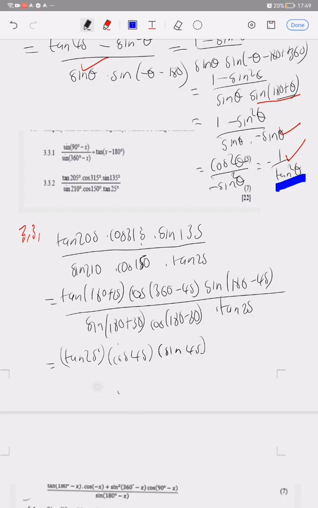All right, so it is positive. This one is negative because it is in the third quadrant. Negative sine 30, right? That's a mark. This one is in the second quadrant. You'll get negative cos of 30, then tan of 25, right?